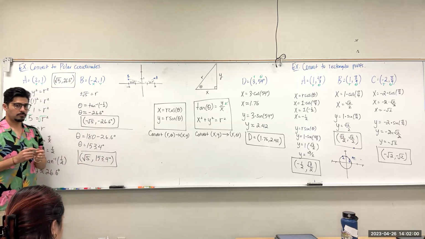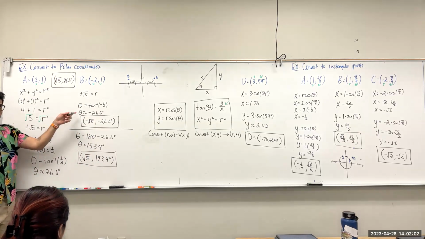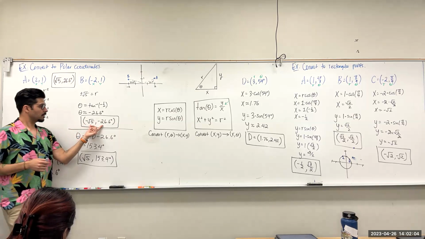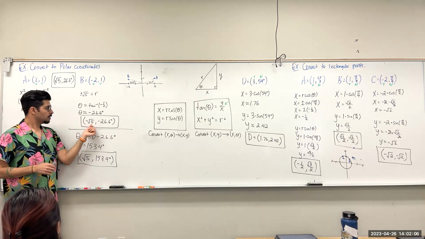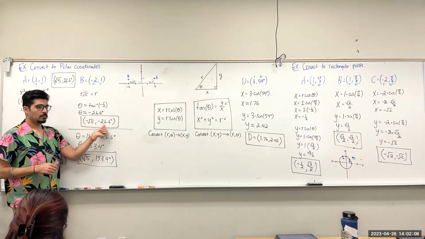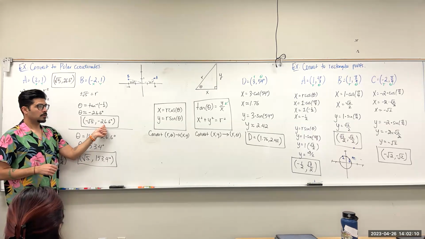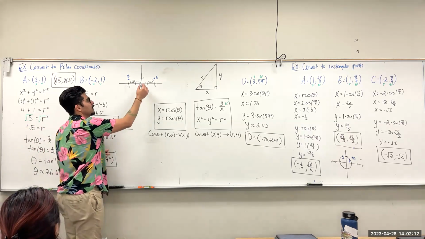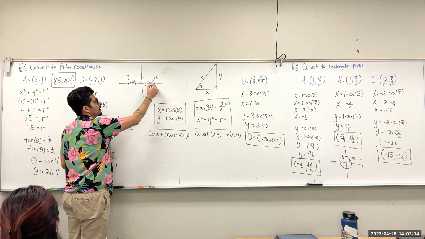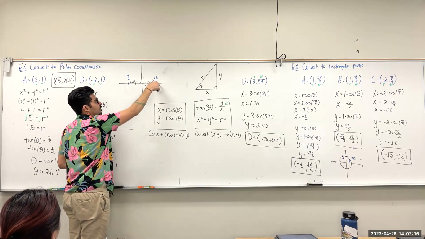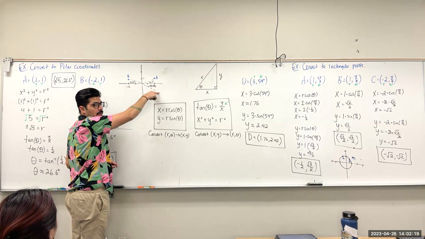Yeah. So for the first one, instead of -26.6, can you just do 330.4? So it sounds like what you did, here's -26.6, did you do 360 minus that?